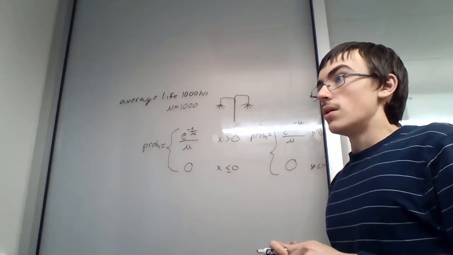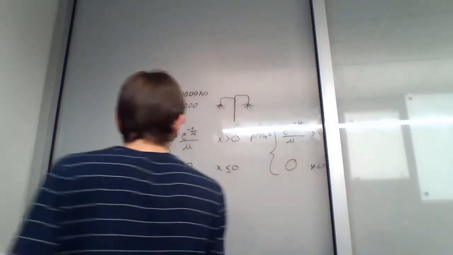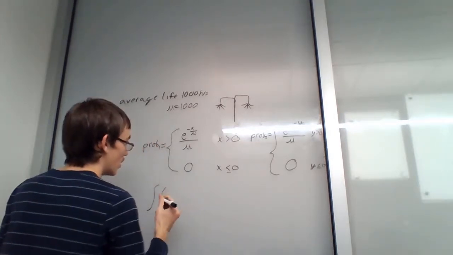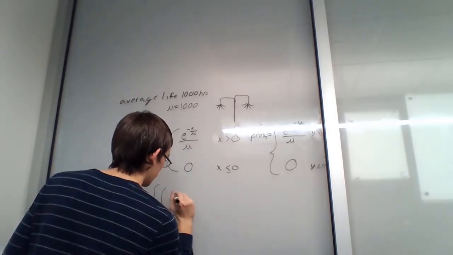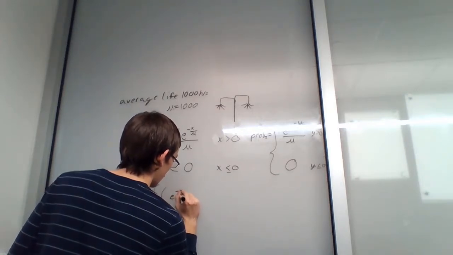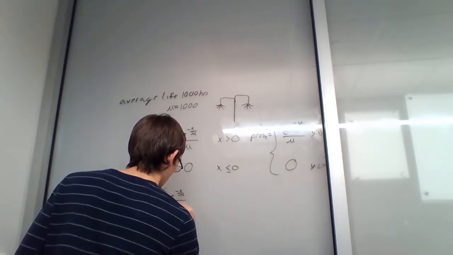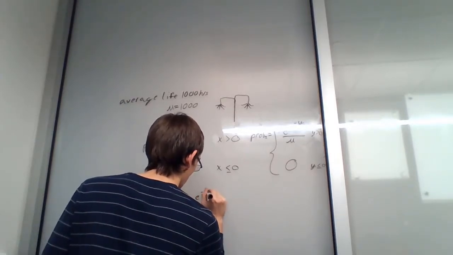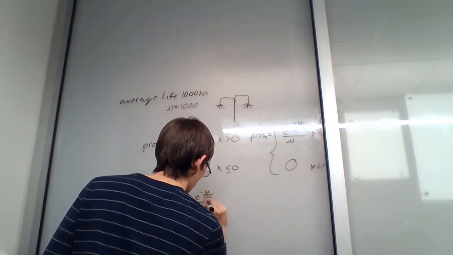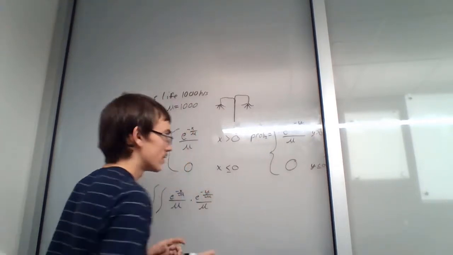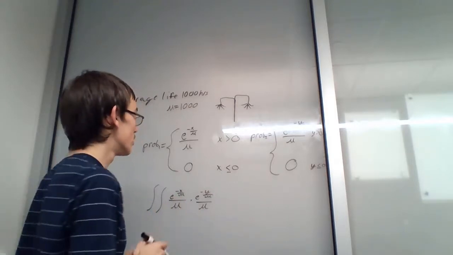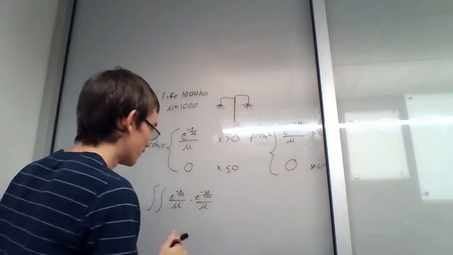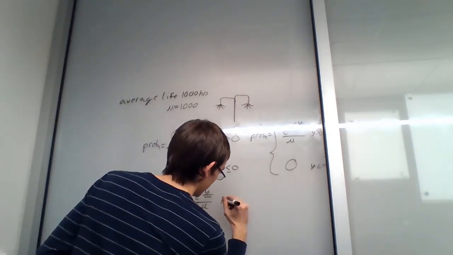So to find the probability, we do a double integral of e to the negative x over mu divided by mu times e to the negative y over mu divided by mu. And since the two bulbs are assumed to be identical, they both have this mu of 1,000, and then we have dx dy.